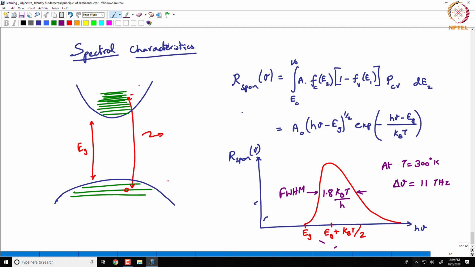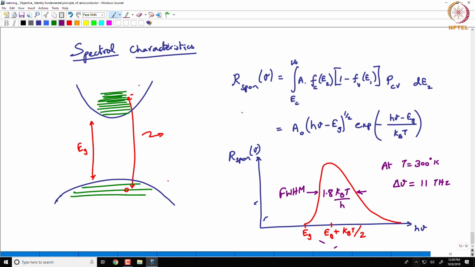And what this 11 terahertz means in terms of delta lambda, the wavelength spread, obviously depends on what wavelength you are operating at. If you are operating at 1550 nanometers, you will find that the wavelength spread corresponds to about 100 nanometers.